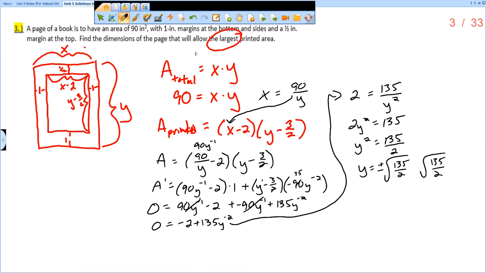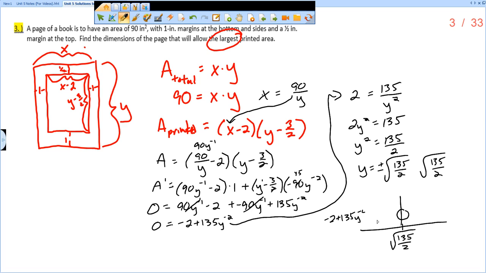Now we want to do a sign analysis to verify that we do, in fact, have a maximum occurring there. So let's go ahead and set up our sign analysis. The square root of 135 over 2. Our derivative really boiled down to just negative 2 plus 135y^-2, and so now we get a 0 here.